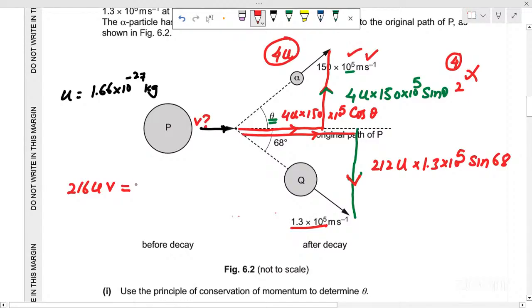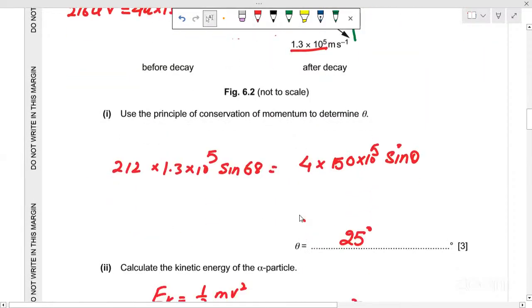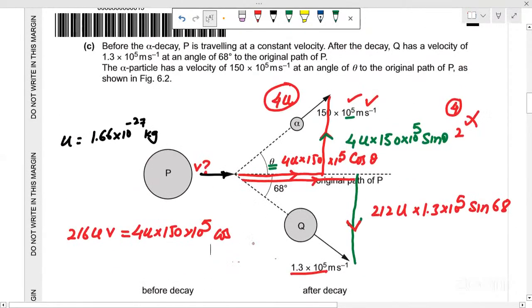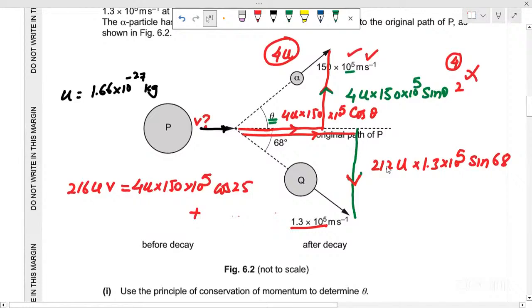So 4u times 150 times 10 power 5 cos of theta, we have obtained cos of 25, plus mass of Q is 212u times 1.3 times 10 power 5 times sine of 68.